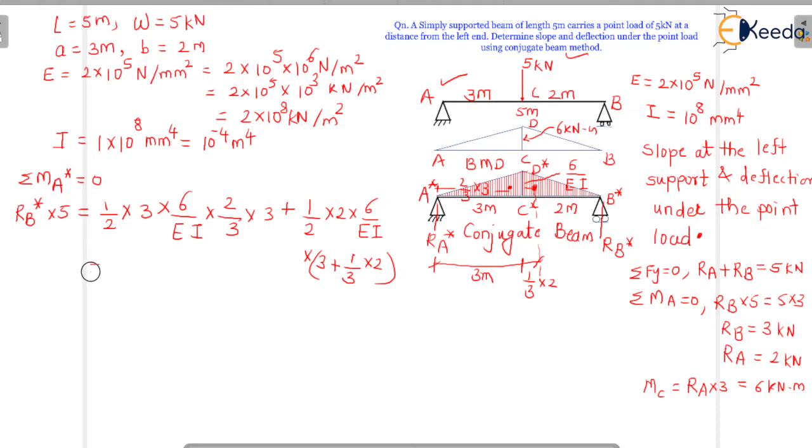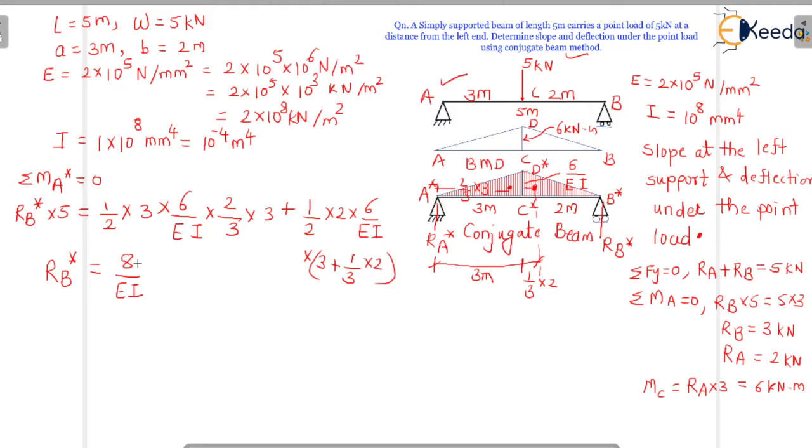So this gives us, with this RB star, when we do the calculation, we get it as 8 by EI. Okay, we get RB star as 8 by EI.